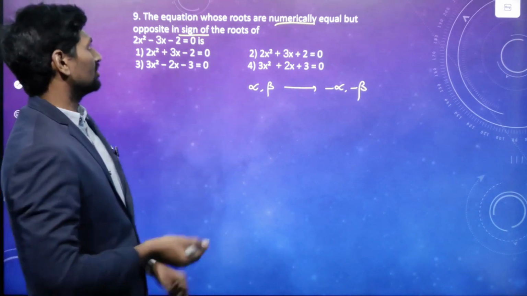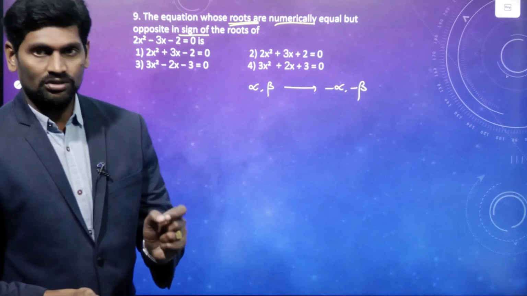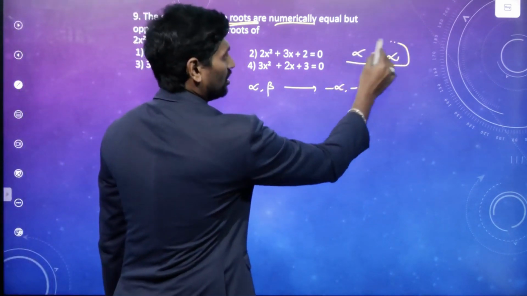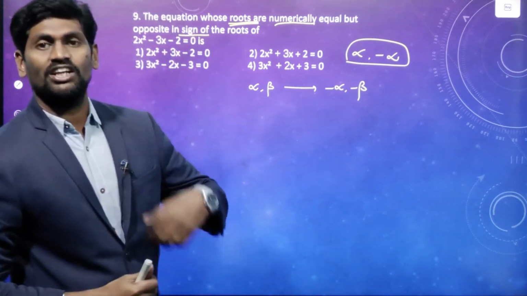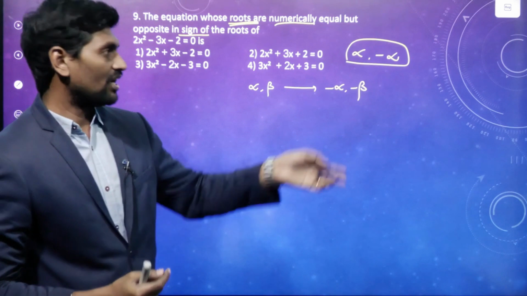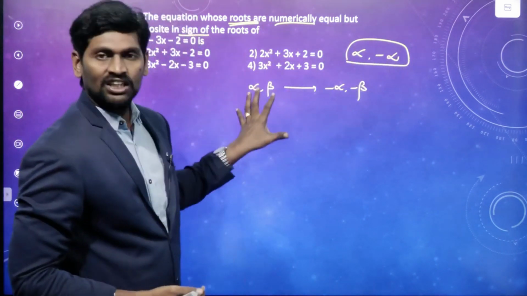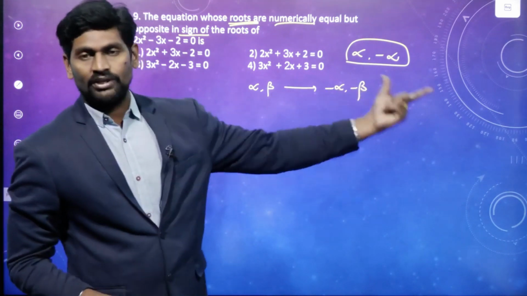This is the meaning of the question. Both roots are mentioned, not about one root. So previously I said alpha, minus alpha. This works when we are discussing about one of the roots being numerically equal to the other and opposite in sign, we have to consider like this. But here it is given that roots are numerically equal but opposite in sign. Alpha, beta, minus alpha, minus beta we should take.